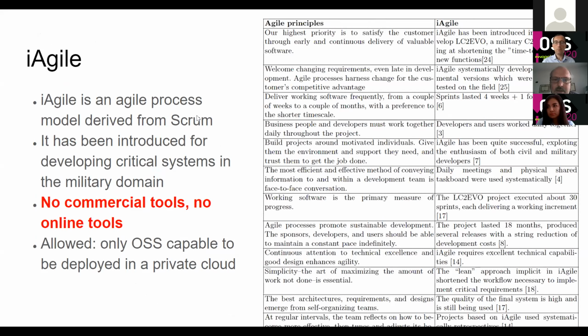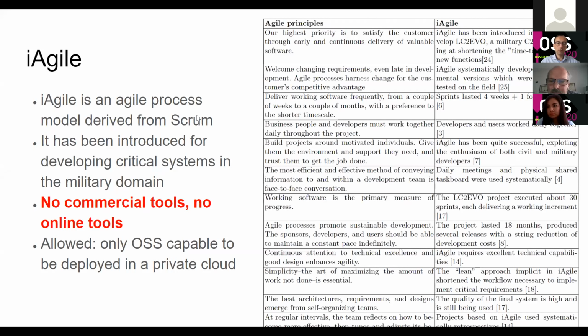As you can see, we mapped the agile principles, or the XP principles, tailored for the specific military and high security method. You can have a look at how they are mapped.